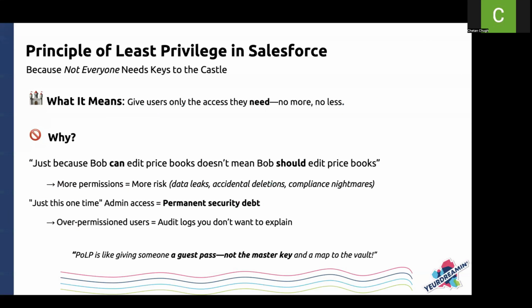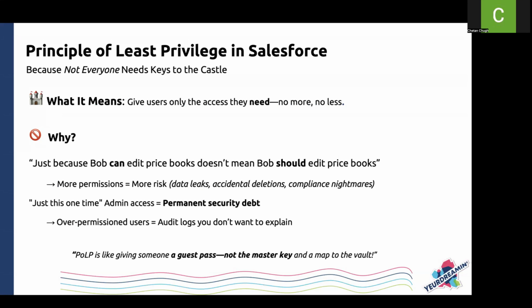The data, which is the elephant in your org, is where you need to pay most of your attention, right? So what I mean by that is that you need to have a very simple principle of least privilege applied in Salesforce, which means that you need to give users access only to do what they need to do, no more, no less. That's it.